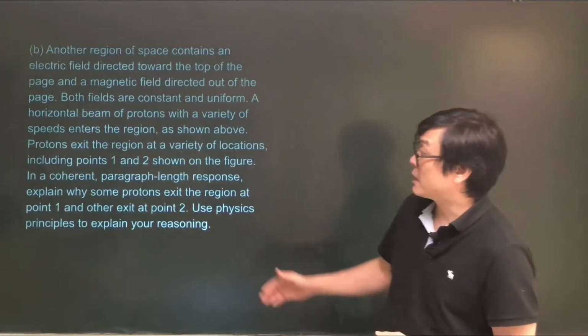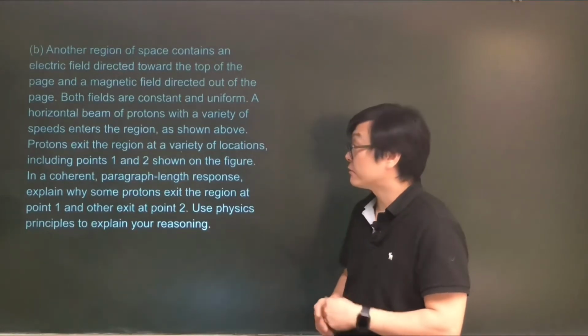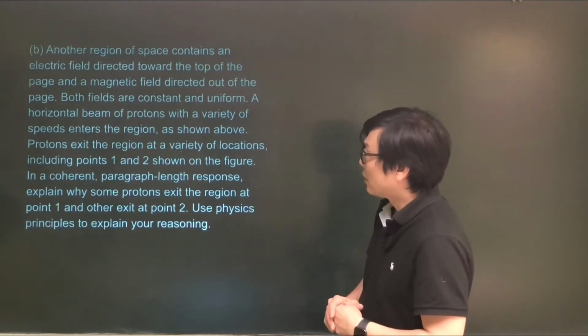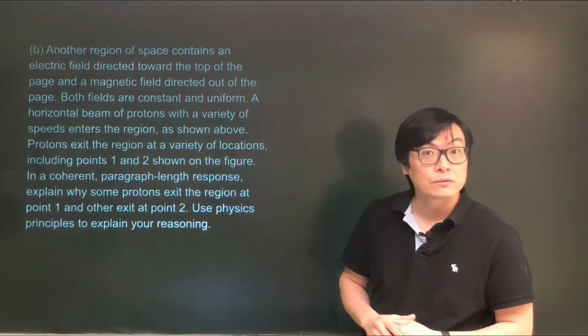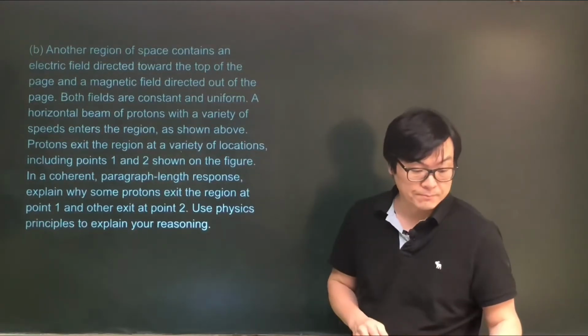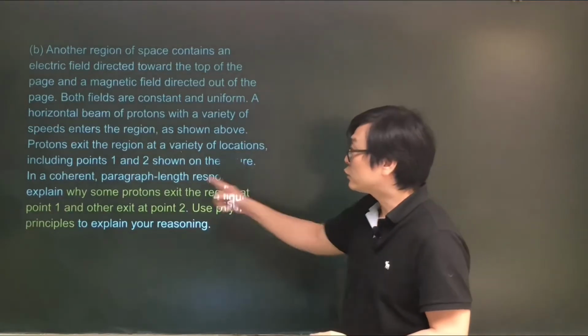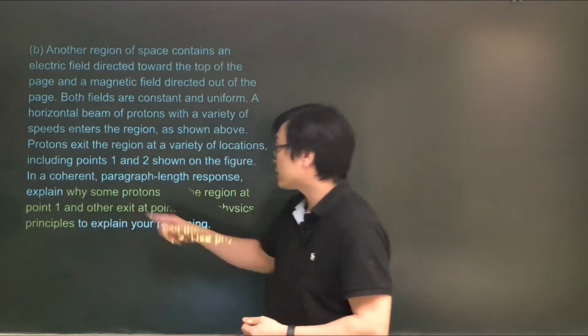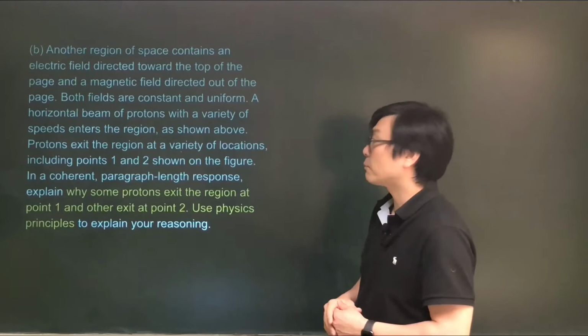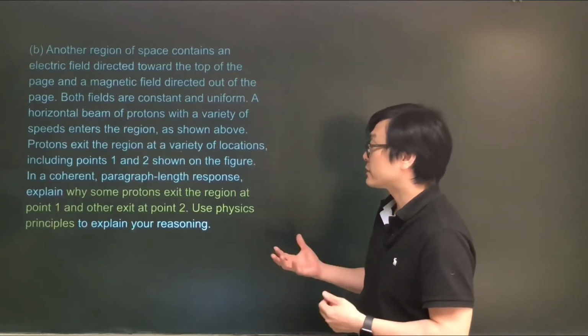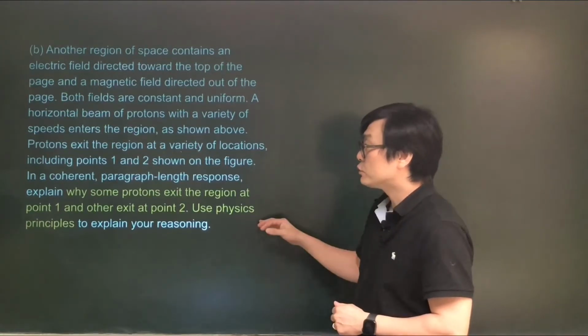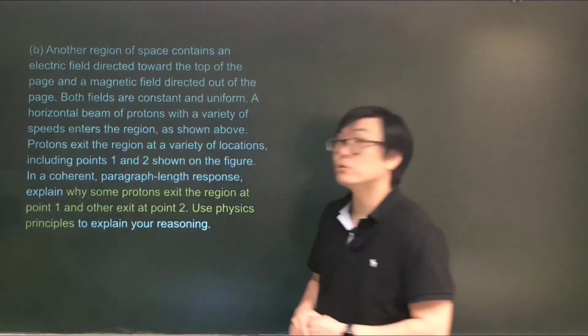Okay, so part B is the main part for the paragraph. And what did you find out for core words from there? Yes, this is the question. You need to explain why some protons exit the region at point 1 and others exit at point 2. Use physics principles to explain your reasoning.